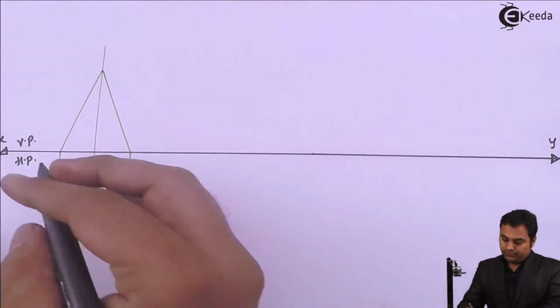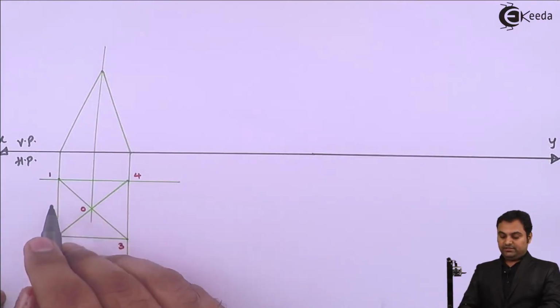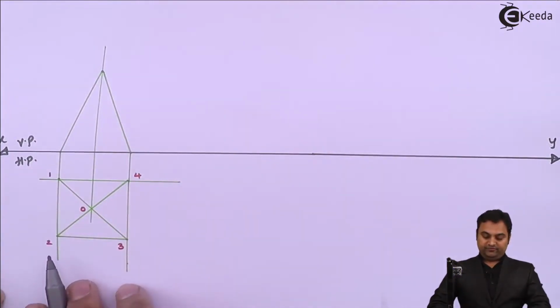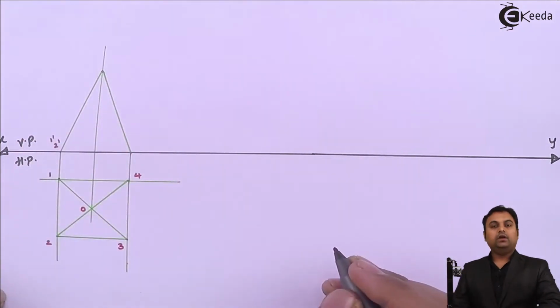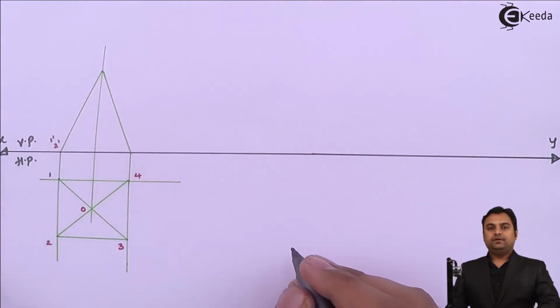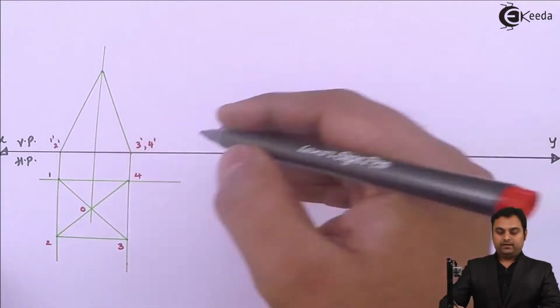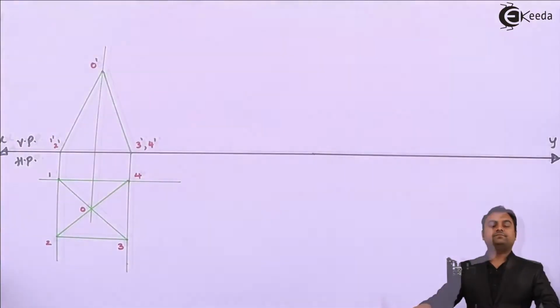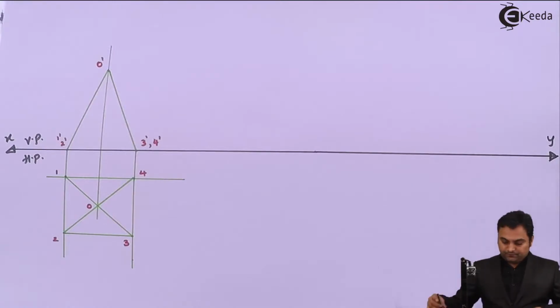Giving the notations to it in the front view. Here in the top view, as I can see, there is edge 1, 2. So in the front view, it will become 1 dash, 2 dash. They are lying onto the same line. Similarly, 3 dash, 4 dash, and here is the apex O dash. So now, here I have projected the points. I'll make this pyramid dark.